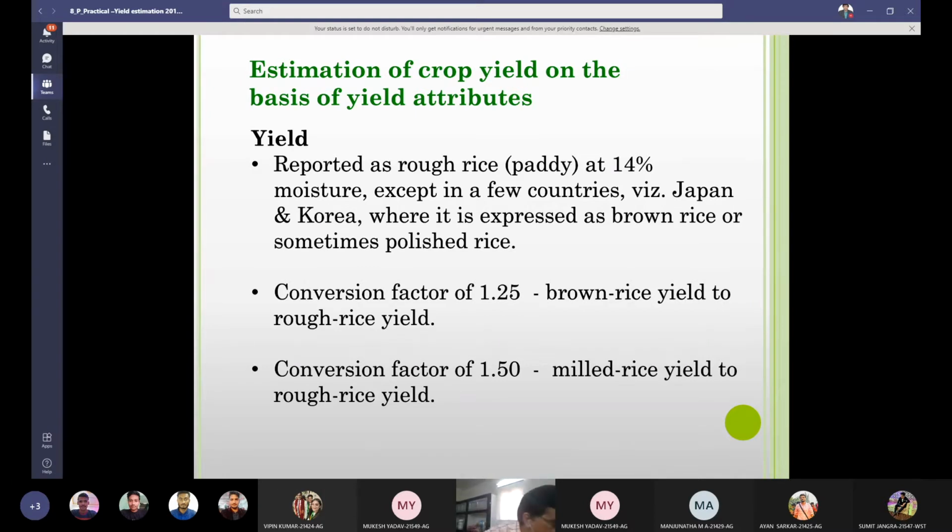However, in India it is expressed as milled rice. So the conversion factor is 1.25 from brown rice yield to rough rice yield, and 1.49 or 1.5 from milled rice yield to rough rice yield. This was already told to you.